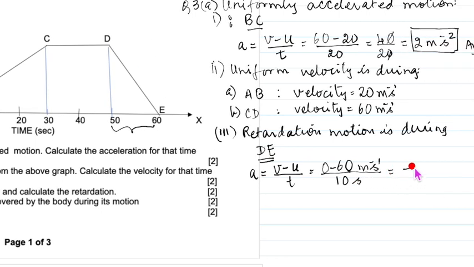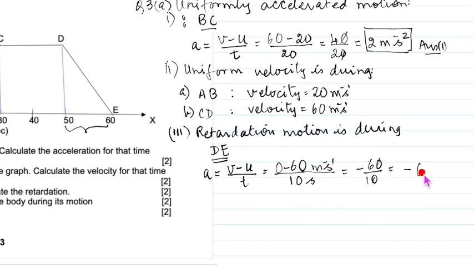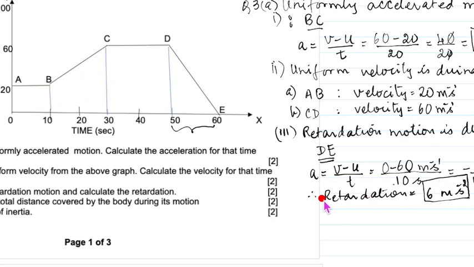So that gives us minus 60 upon 10, which is minus 6 meter per second square. And we will say therefore retardation is equal to 6 meter per second square. And that is our answer 3.